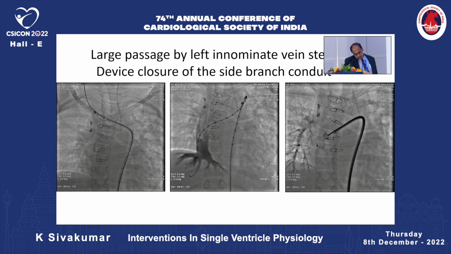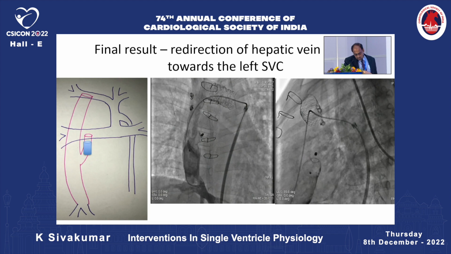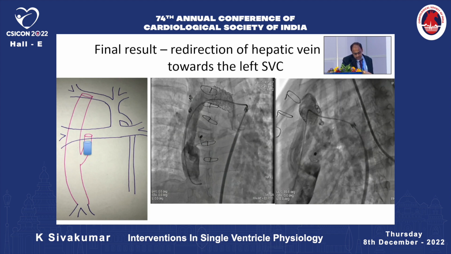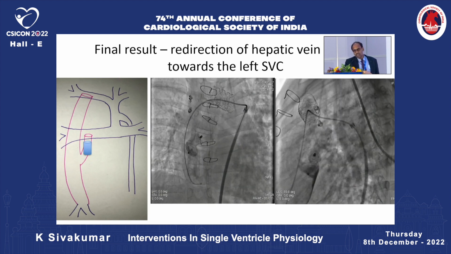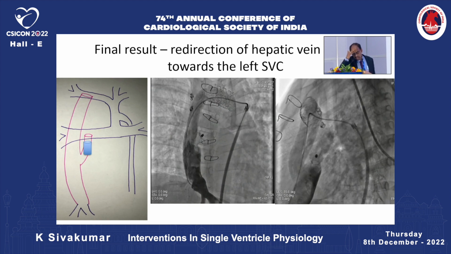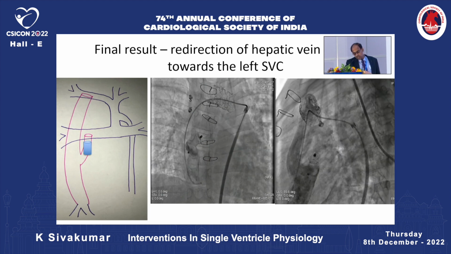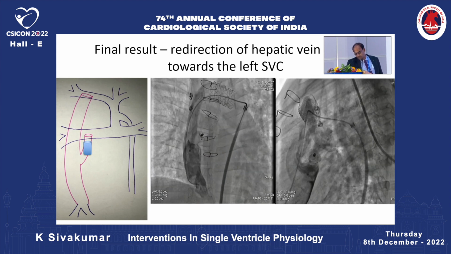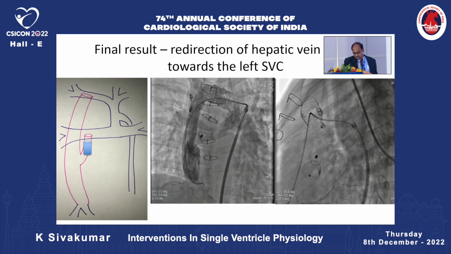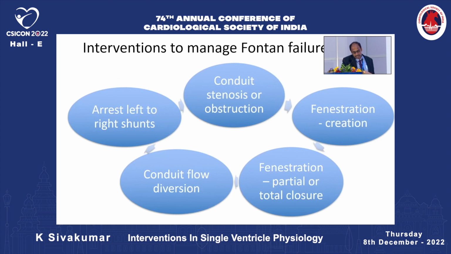So now at the end of the procedure, what we are doing is directing all the blood from the hepatic veins to go vertically up into the right innominate vein, go through that stented innominate vein so that it is an unobstructed pathway, make it enter into the pulmonary artery, and that is going to now perfuse both. So this is Fontan redirection.